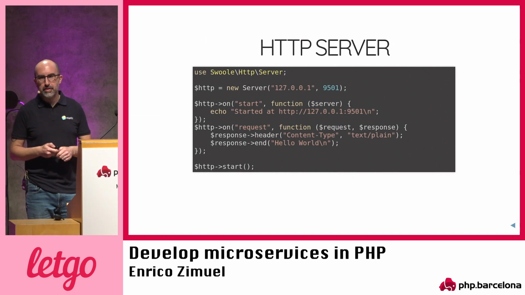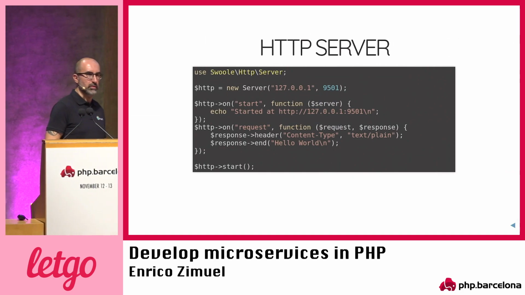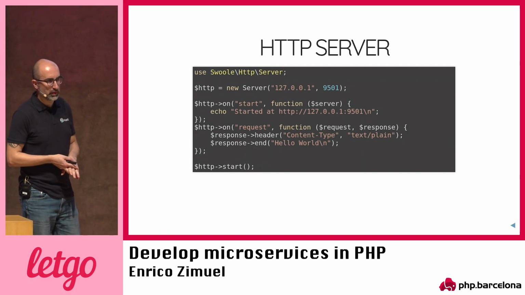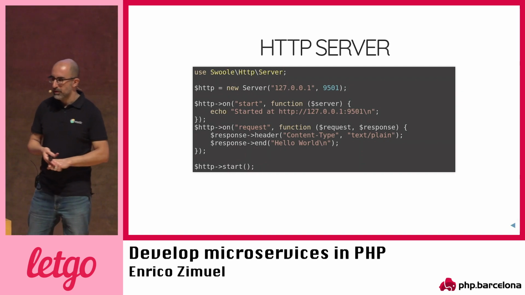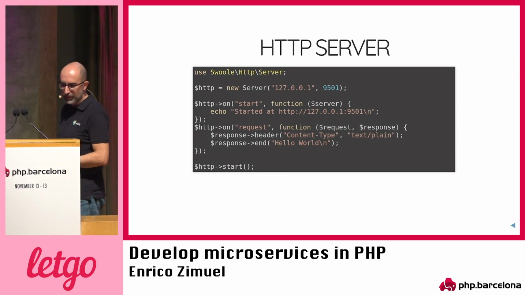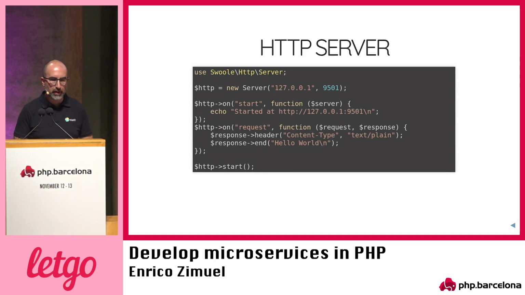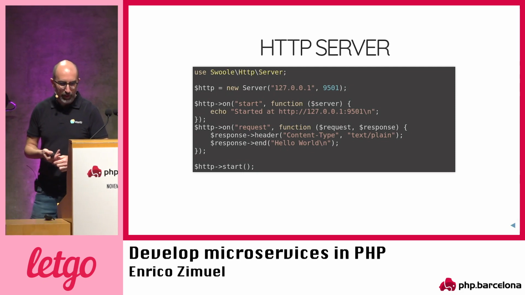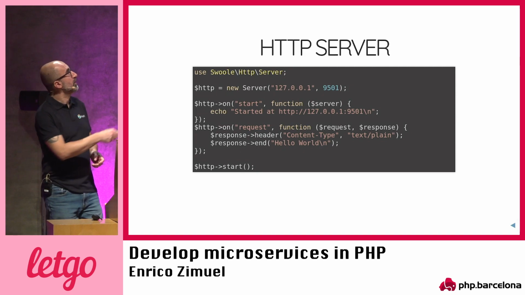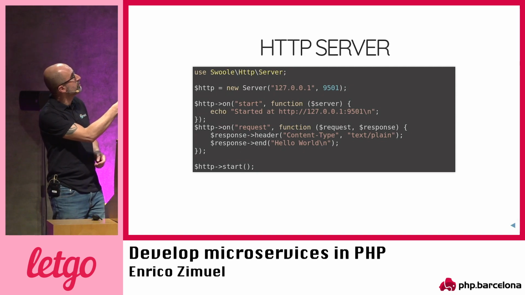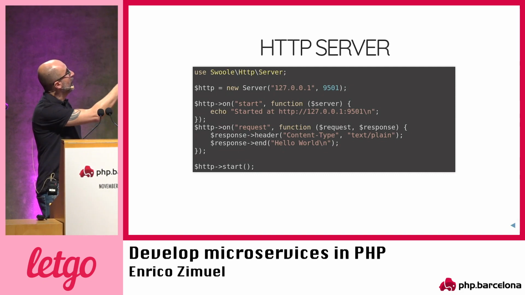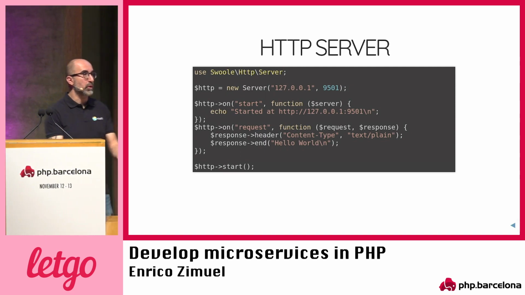This is an example of an HTTP server. So imagine that you want to write an HTTP server in PHP using Swoole. The same idea as Node. As you can see here, we are just getting a new server, and we are providing 2 functions, start and request. Start is called when the server is started. As you can see, it's just an anonymous function here. We're just printing this started at information. And you have this other event, request, that is executed when a request comes in.